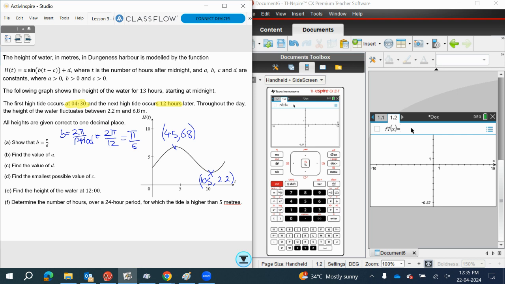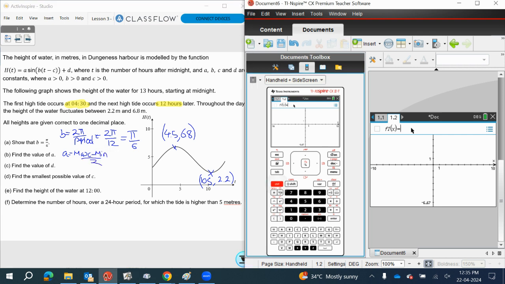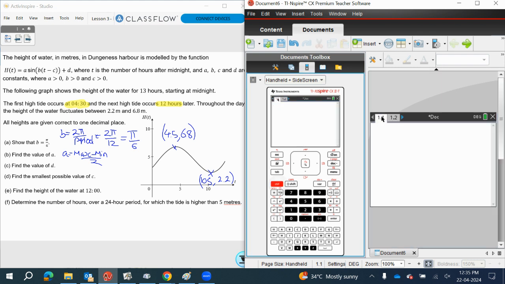The value of a is going to be max minus min over 2. I'll do that on the calculator. The maximum is 6.8 minus 2.2 divided by 2, 2.3.